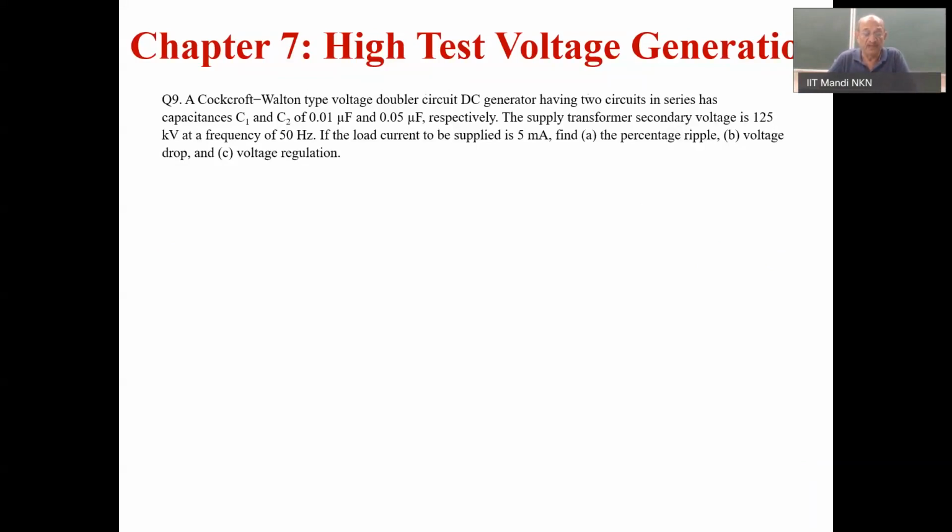You know one thing, half-wave rectifier circuits are put in cascade for the generation of high voltage DC, and the voltage doubler circuit is popularly used in that. The voltage doubler circuit by Cockcroft and Walton was given in the early 20th century for the generation of high voltage DC. So that is still being continued.